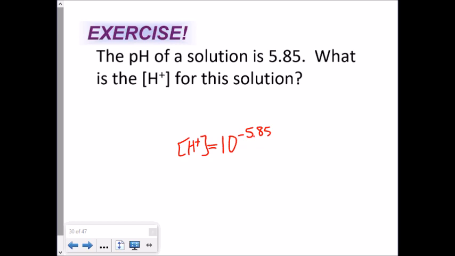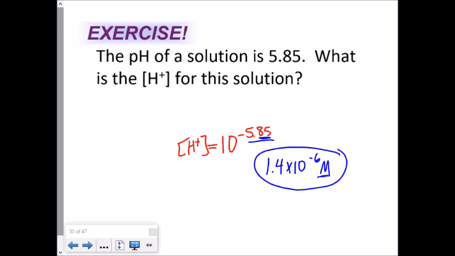Everybody know how to plug that in correctly using the caret button? What do you get? And how many sig figs? 2. And everything's pretty much concentration. We're working in molarity, so you can go with the big M.